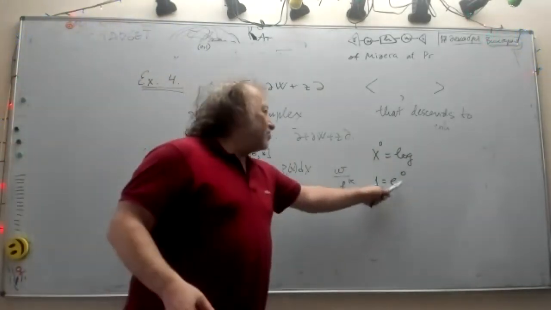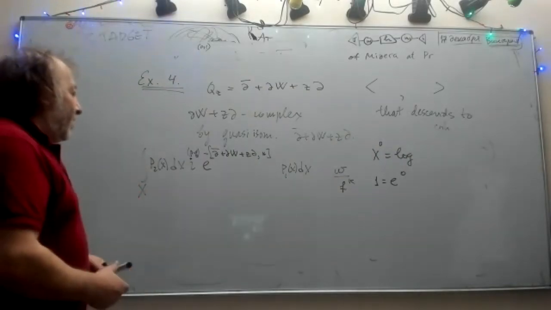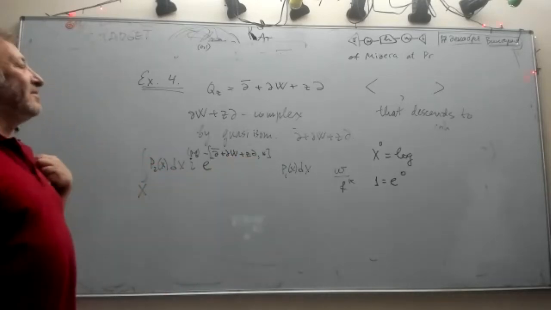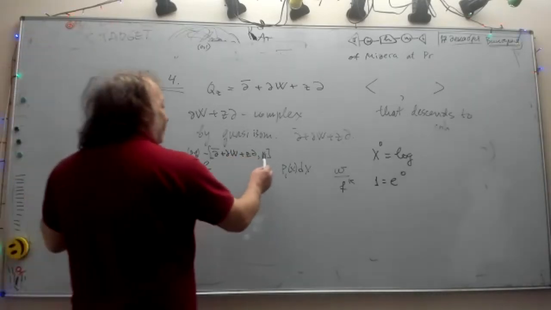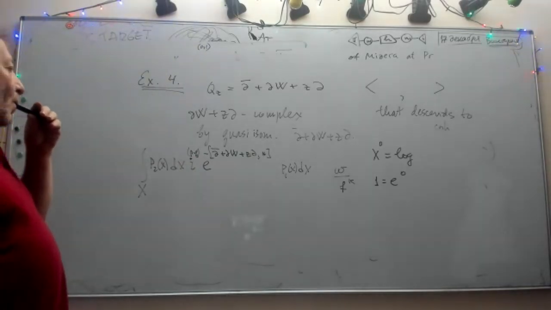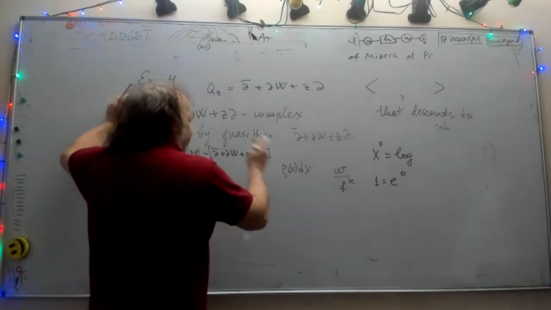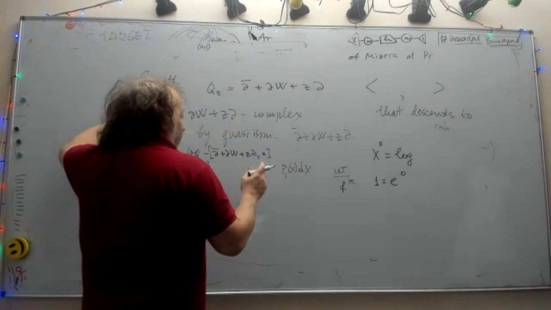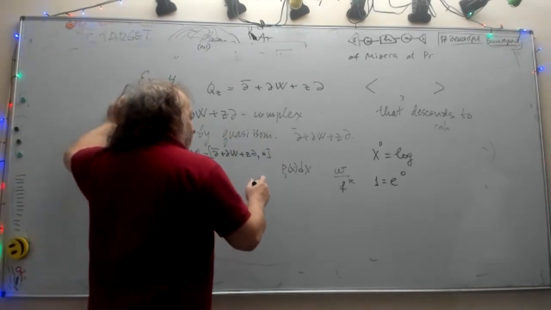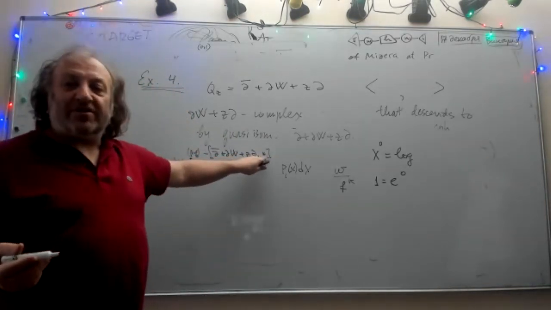So this is the 1 equals e to 0 formula. Now I need to look for something that should stand here.